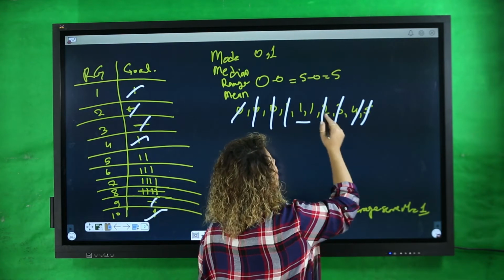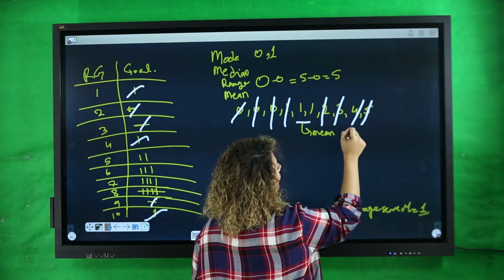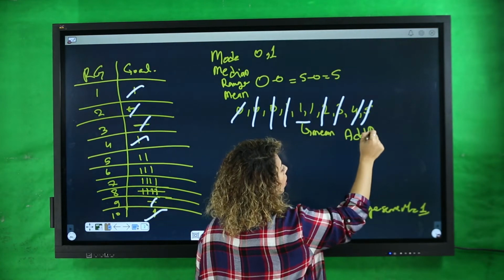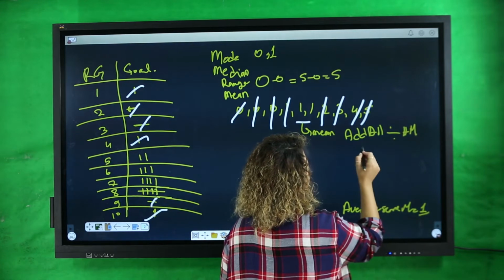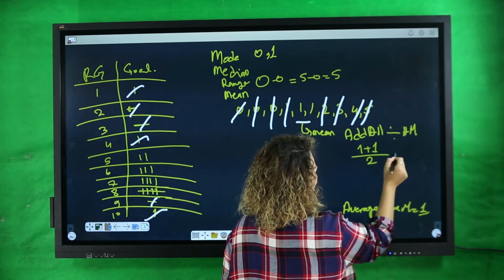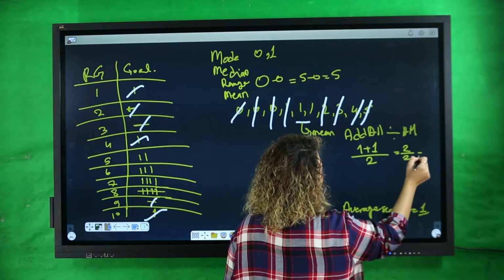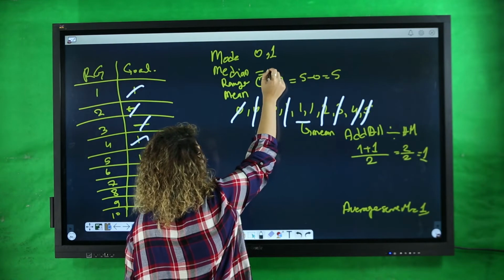So we just get their mean. How to get their mean? Add all, divide by how many? So 1 plus 1 over 2. It's gonna be 2 over 2, which is 1. So their median equals 1.